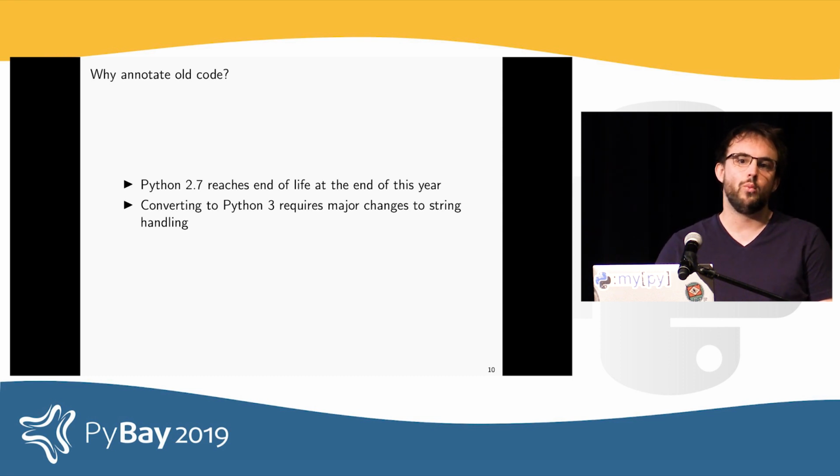And we've found historically that having type annotations is a huge benefit in finding all of these corner cases and all of the places where you're doing something wrong with str and bytes in Unicode in the transition from 2 to 3. And so a huge part of our strategy for converting to Python 3 is actually increasing our type annotation coverage so we can use that to drive parts of the transition.